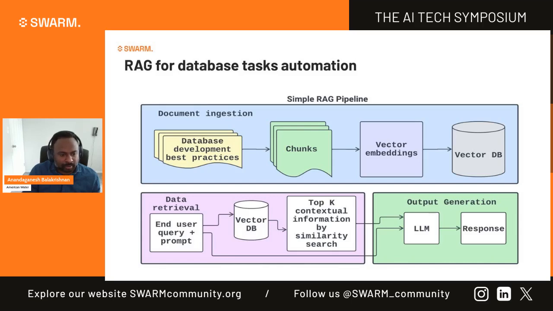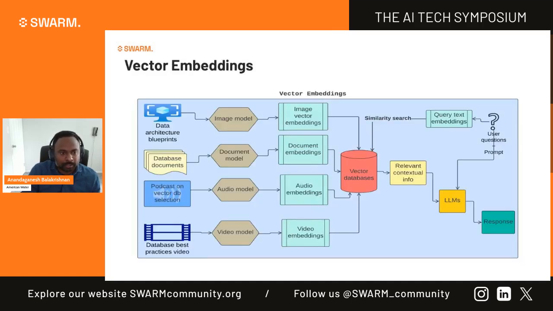A junior developer, or any user who does not know about database development, can query using a prompt, and that goes into the vector database to get the top k information by similarity search. The top k documents along with the user query and prompt are fed into the LLM to generate a relevant response.